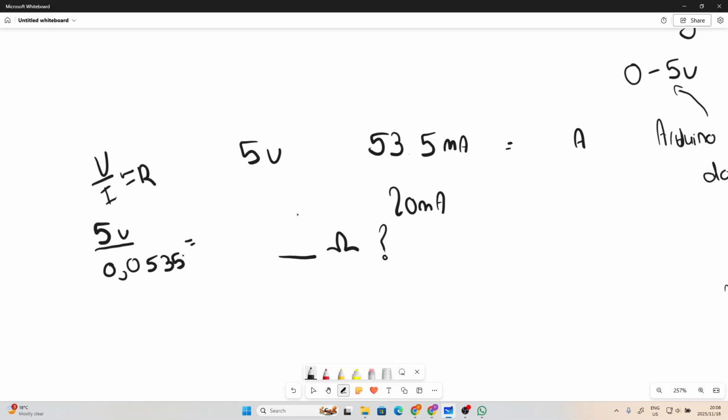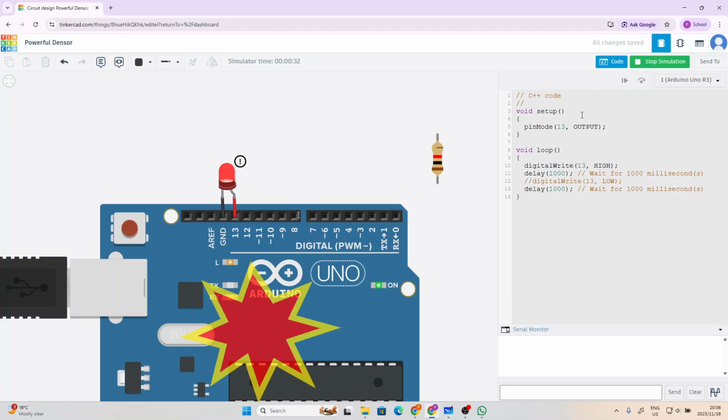So is it 1,000 milliamps in an amp? Yes. Okay. This gives us 93.4, let's say 94 ohms. Right.